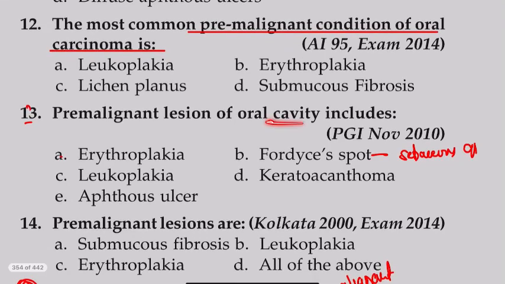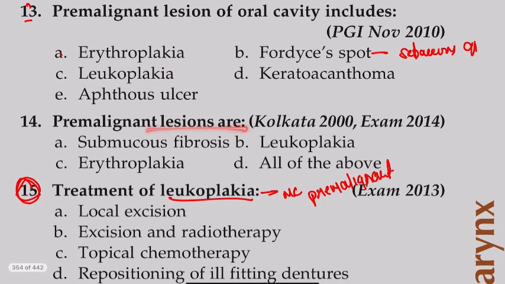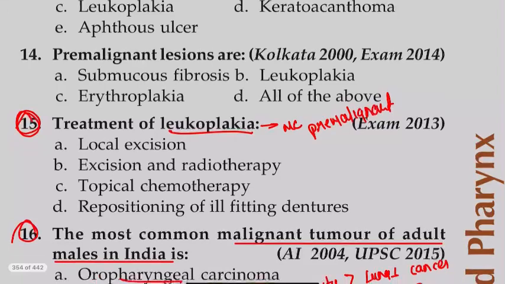Pre-malignant lesions in the oral cavity include what? They include erythroplakia and leukoplakia. What are the pre-malignant lesions? These are submucosal fibrosis, leukoplakia, erythroplakia, everything, right? What is the treatment of leukoplakia? It is local excision.